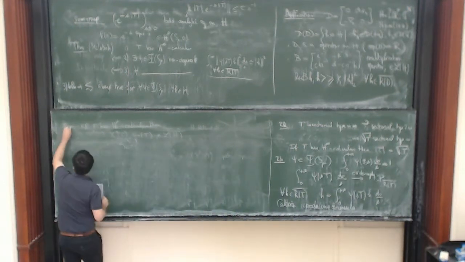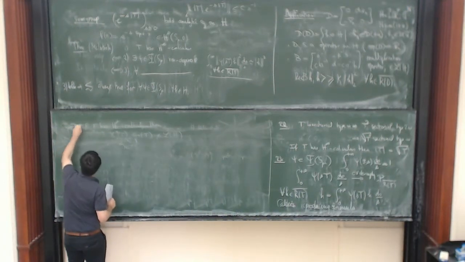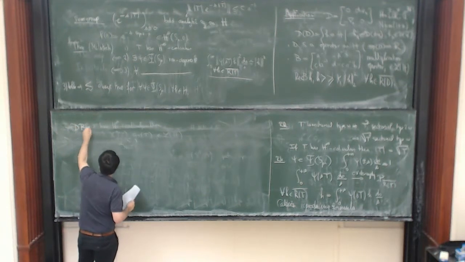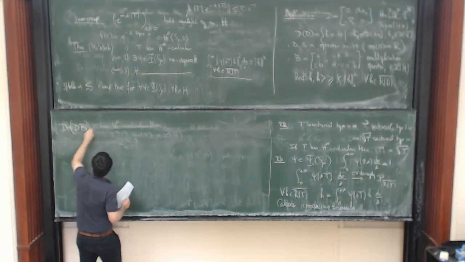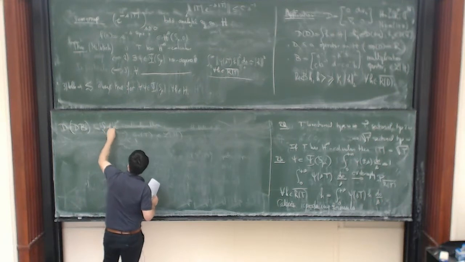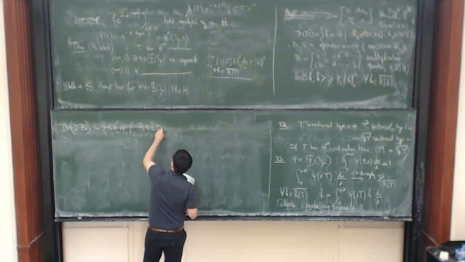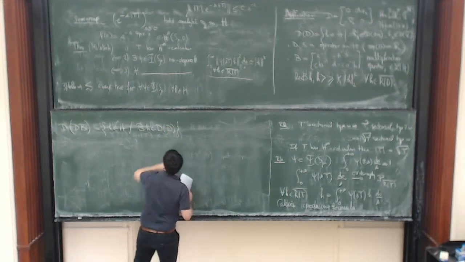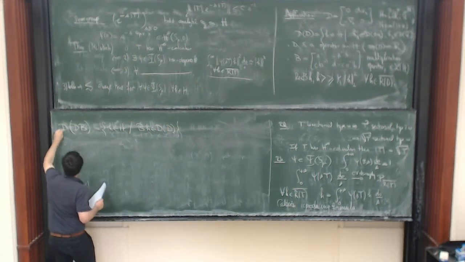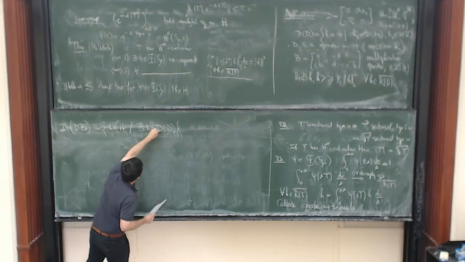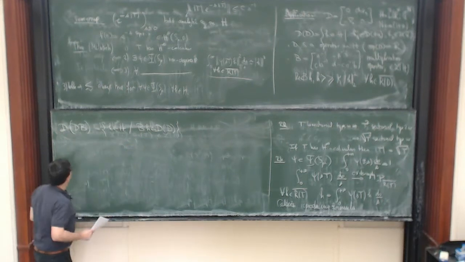Okay, so theorem. You define dB with natural domain. It's the set of h in H such that B of h is in the domain of D. Sorry for my D's. I should use curls maybe here, not to be confused with this one.